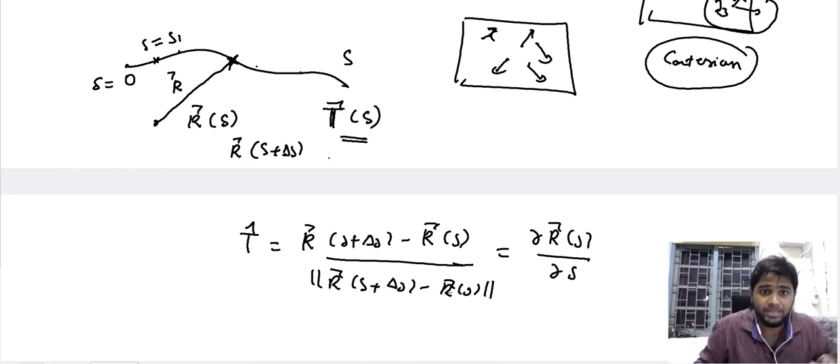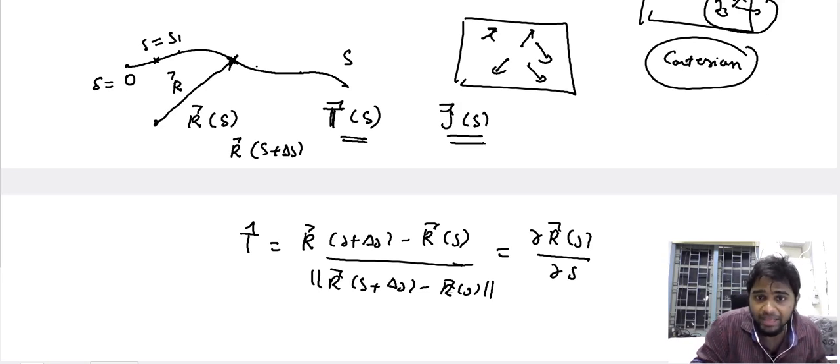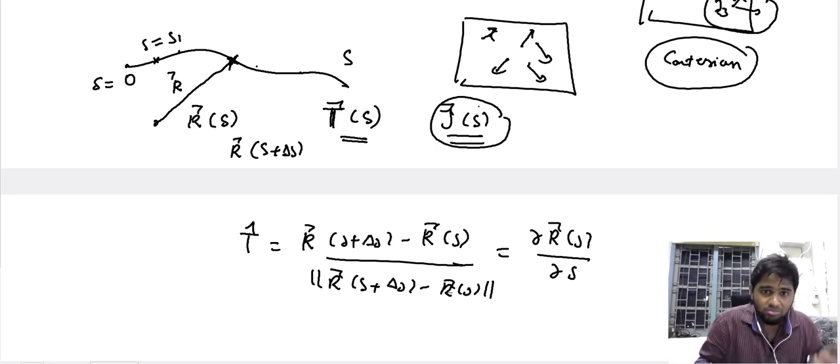For instance, this could be an example of a flux along the grain boundary. So the flux along the grain boundary can be expressed in terms of the arc length.